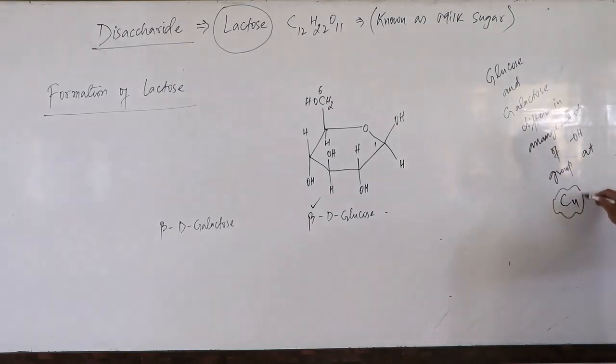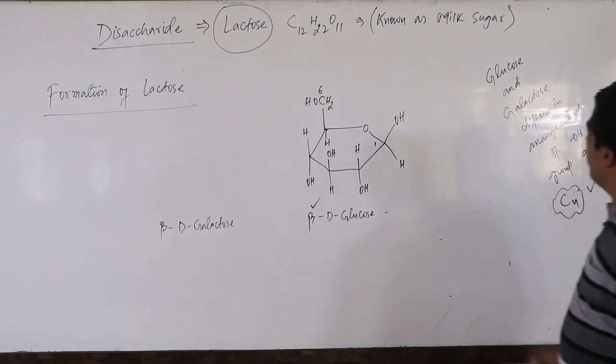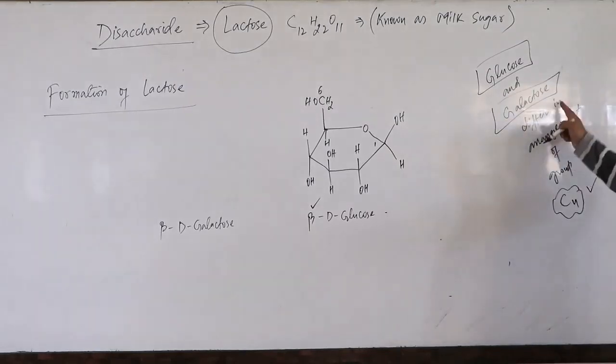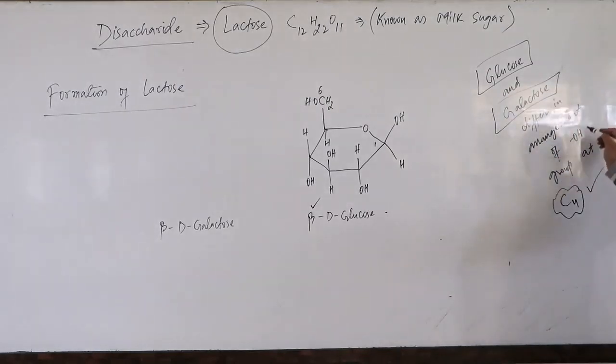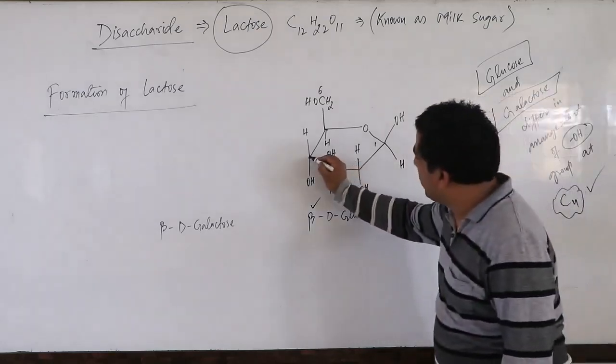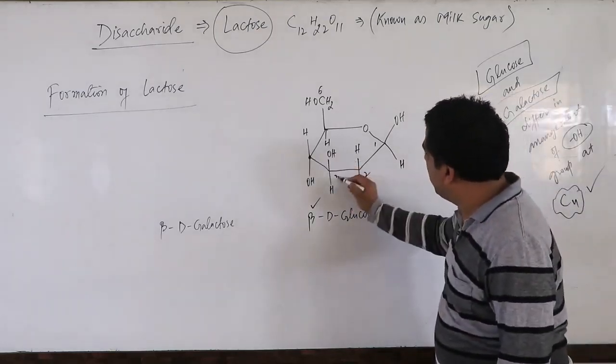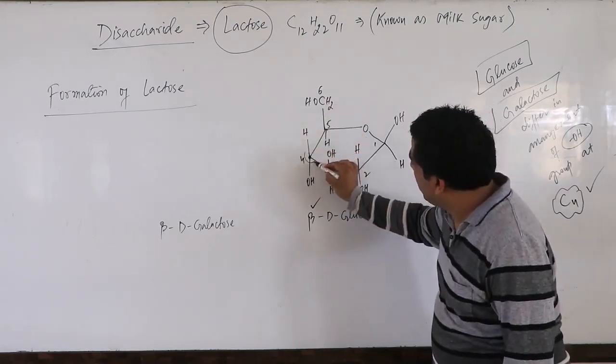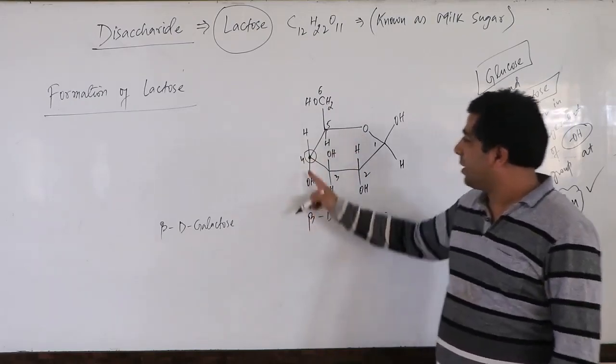C4 means carbon number 4. So remember this thing. Glucose and galactose differ in arrangement of the OH group at C4. So there is a difference in arrangement of the OH group here. Second, third, fourth, fifth and sixth. So here will be a difference in arrangement of the OH group at carbon number 4.